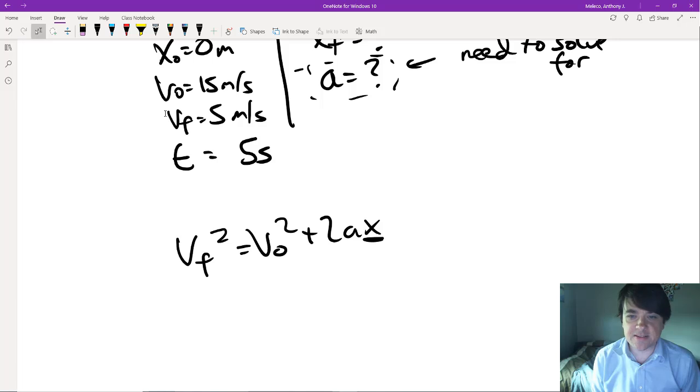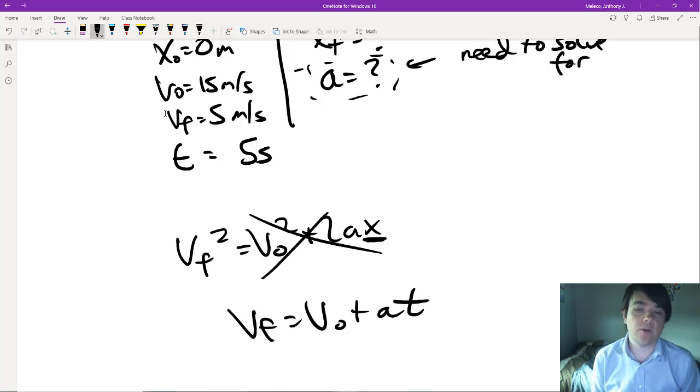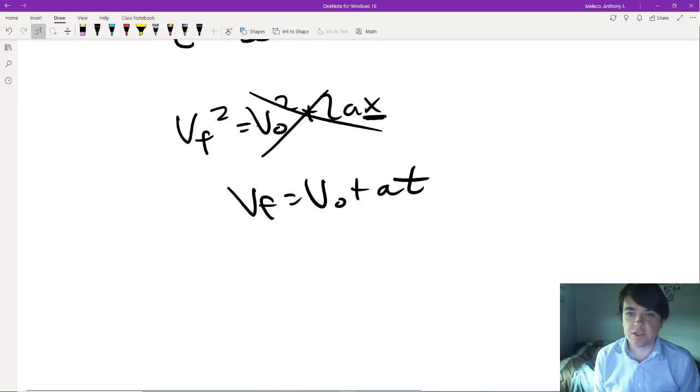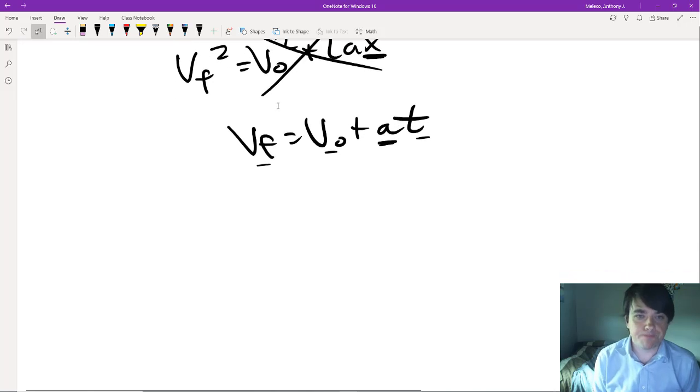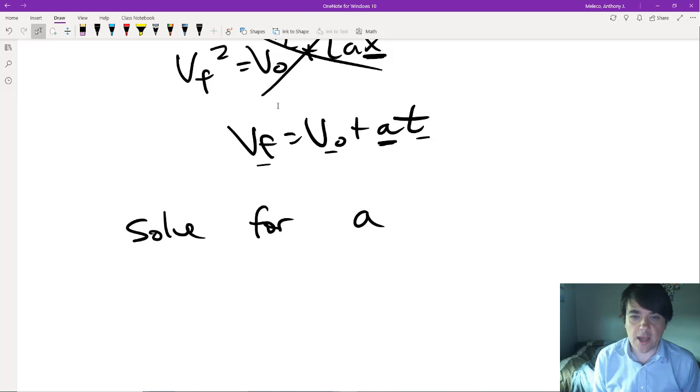The problem with this guy is it links position, and we don't know anything about final position, so we probably can't use this one. But there was also another one, which was this equation. V final equals V initial plus AT. I think this works because we don't know acceleration. We know this, we know this, we know this. So let's use this, okay? Now we need to solve for A.